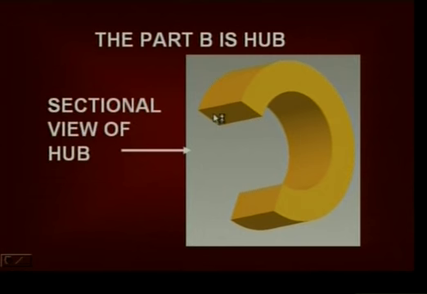The part B is a hub. The isometric sectional view of hub is shown here. It is hollow. This is the thickness of the hub. This is outer dia, this is inner dia.